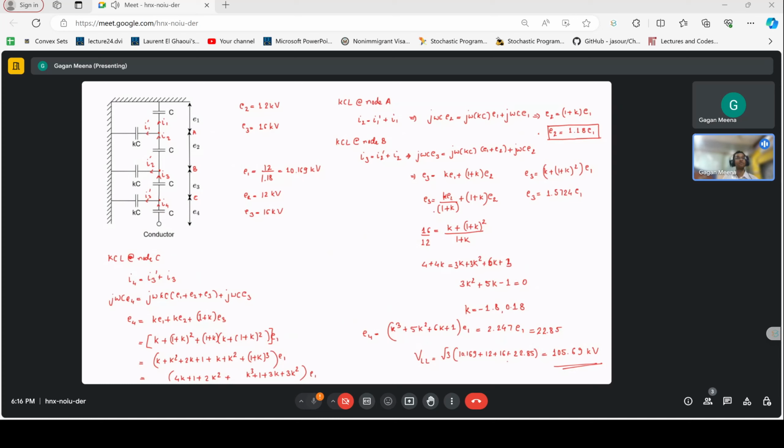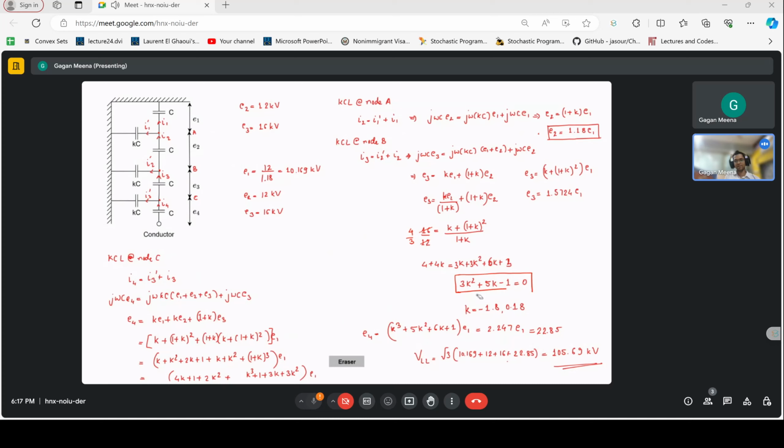You will get two values here, one negative and one positive. The negative value is not possible for K because K is multiplied with C, which is capacitance, and capacitance is always positive, so KC has to be positive as well. So we will take the positive value, and also we know that K is always between 0 and 1. 1.8 is not the correct value, so we will go for 0.18.